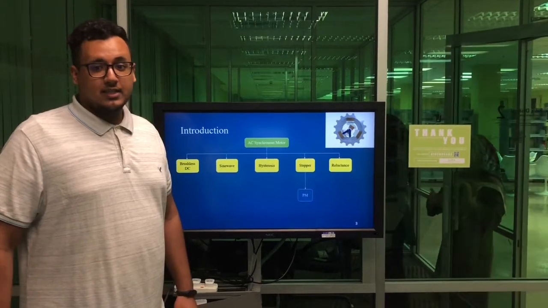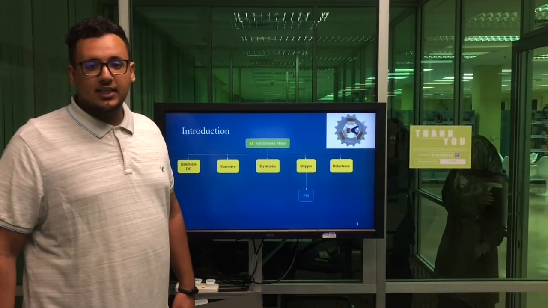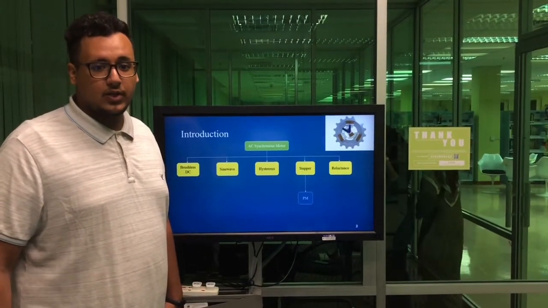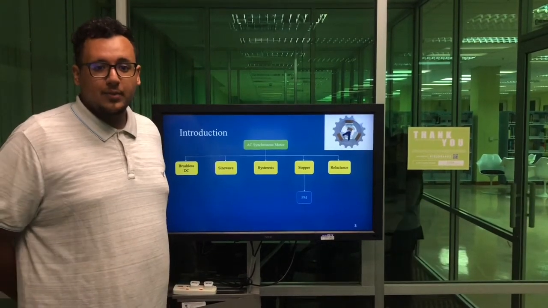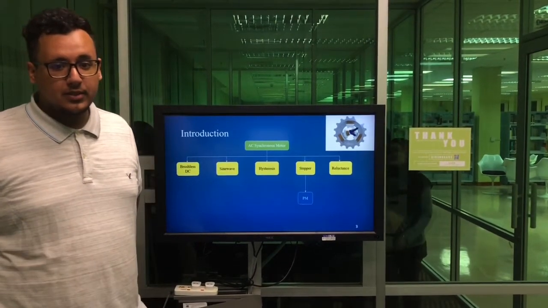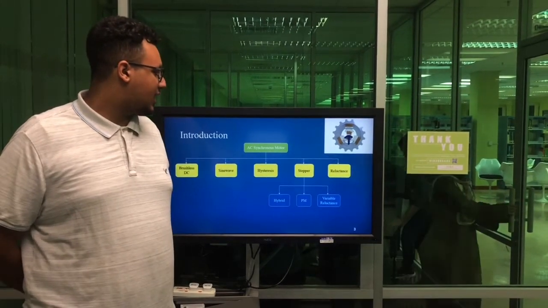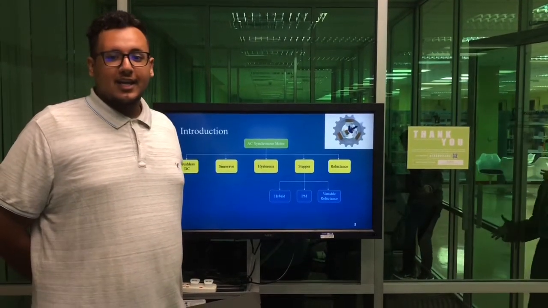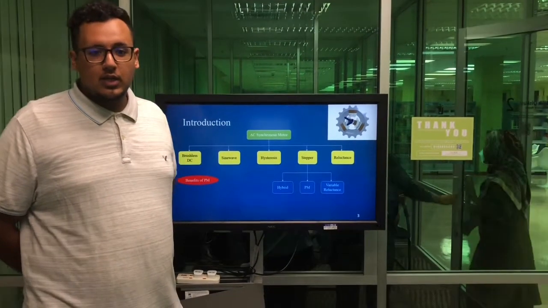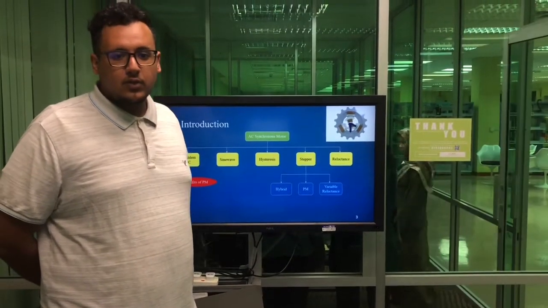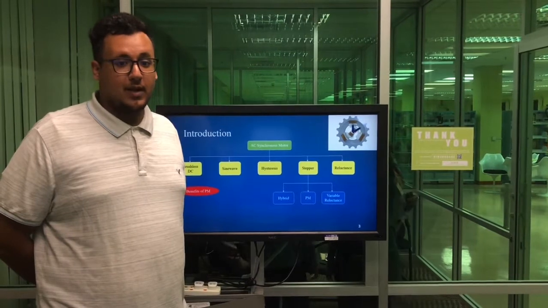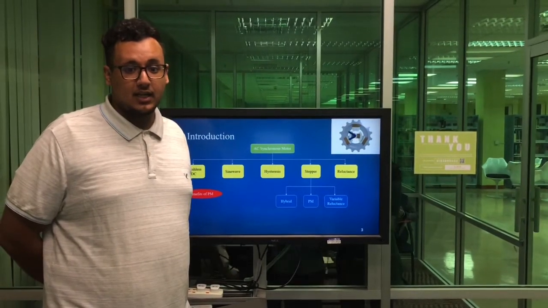Then the stepper motor is categorized further into permanent magnet, hybrid and variable reluctance. In this mini project we will only focus on the permanent magnet design.